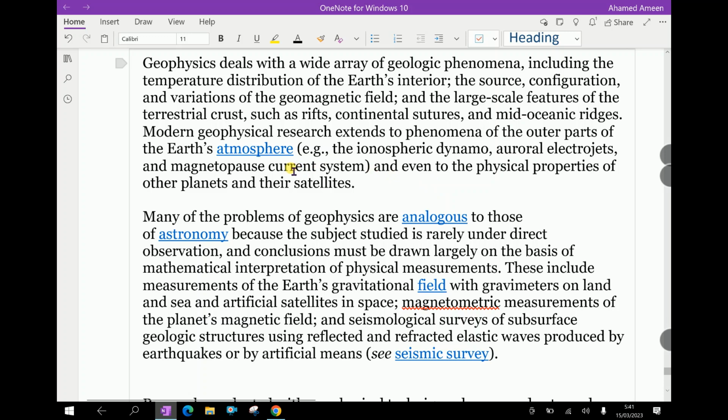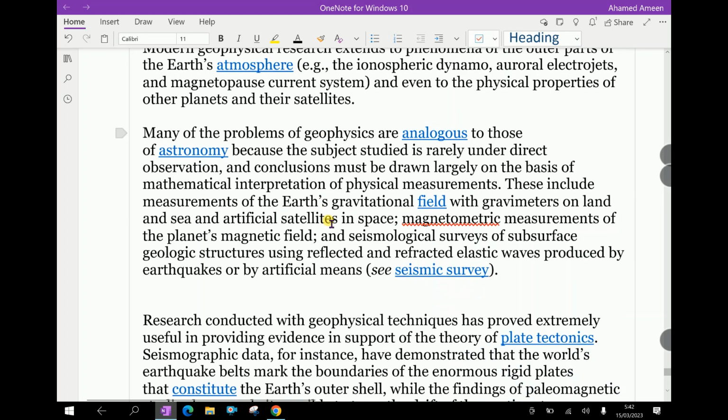Modern geophysical research extends to phenomena of the outer parts of the Earth's atmosphere, for example the ionospheric dynamo, auroral electrojets, and magnetopause current system, and even to the physical properties of the other planets and their satellites.